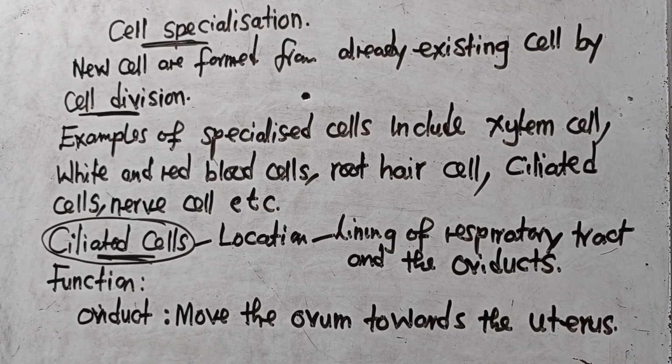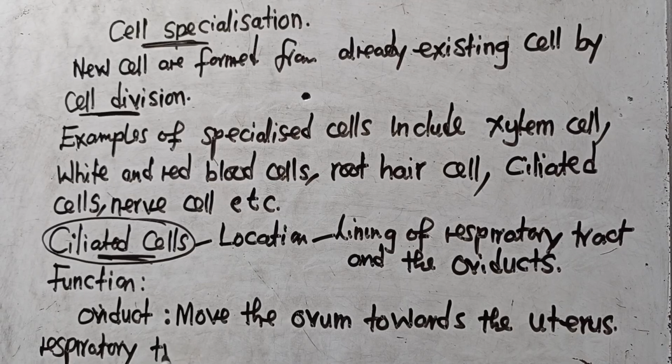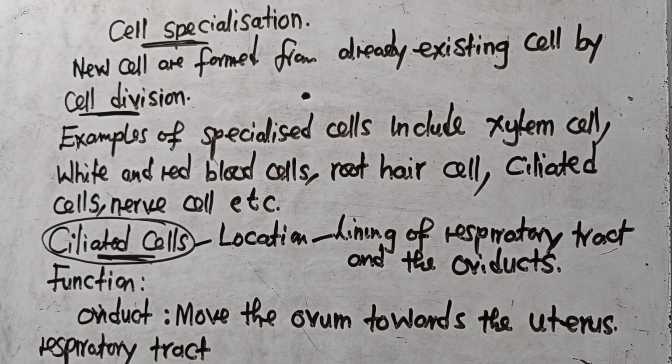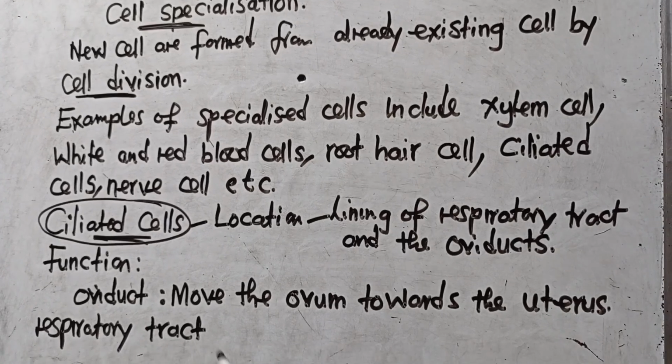But if they are in the respiratory tract, we get to find them in two positions or two locations. In the respiratory tract, you discover that they wipe away mucus containing dust particles and germs.